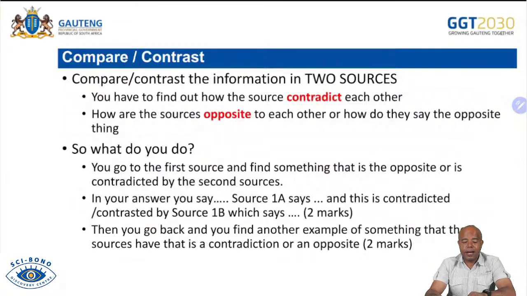Then you go back and find another example of something that is in contradiction with regards to the other source. So now you go back to the source and you write again: 1A says there are big countries, and this is contradicted by 1B, which says there are small countries. So what is the contradiction here? Big and small. So now we can clearly distinguish.